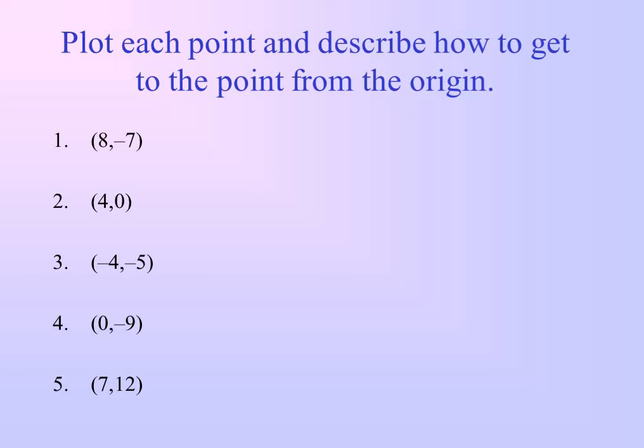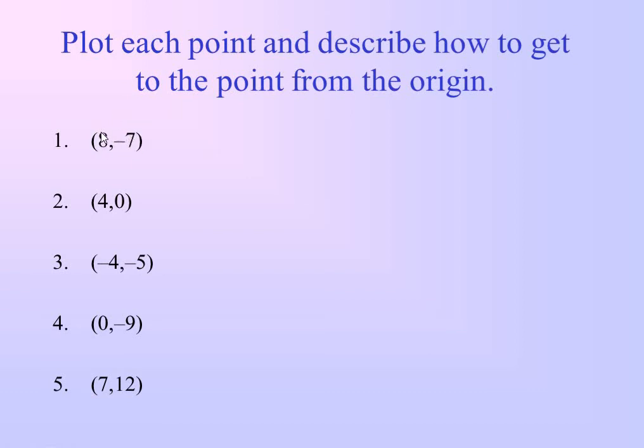Now here, plot each point and describe how to get to the point from the origin. I call them all points, and the points consist of an ordered pair. Every point consists of the x coordinate and the y coordinate.